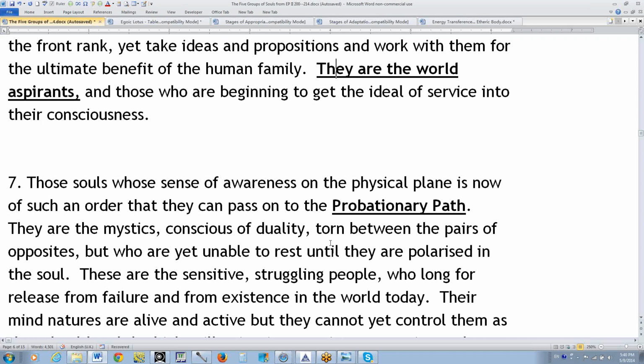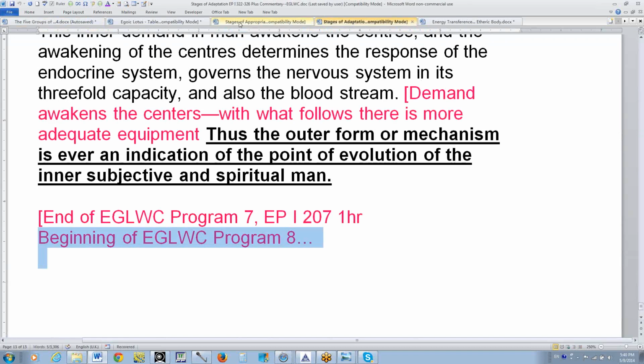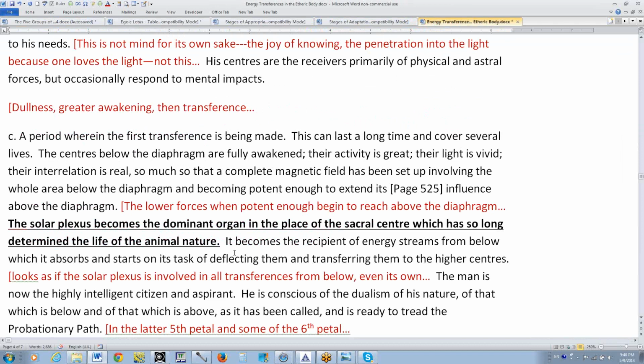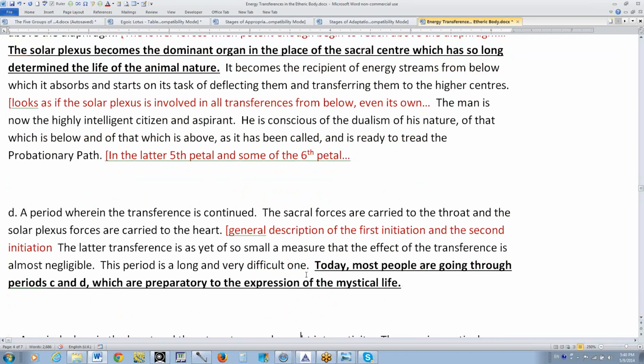So in our discussion here, it is in these energy transferences, it's C and D that are preparing for the real mystical life.